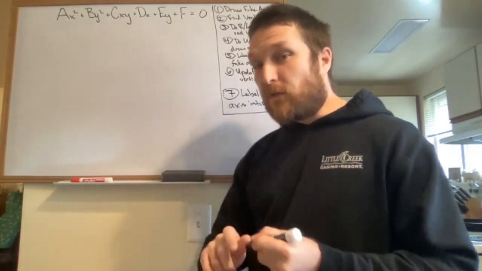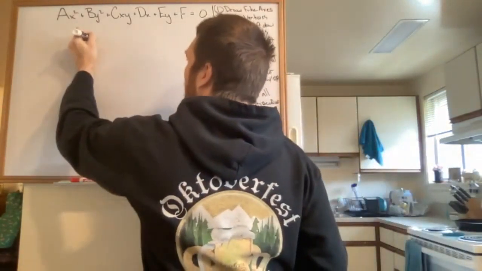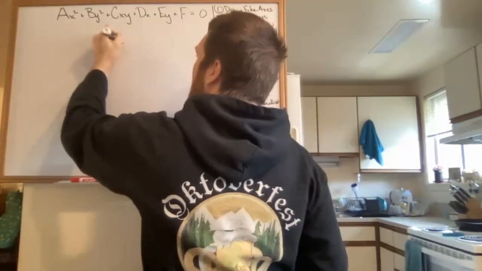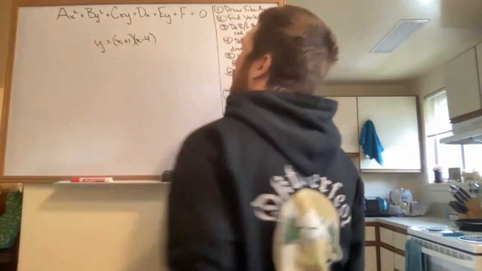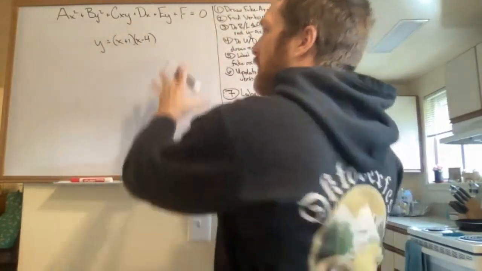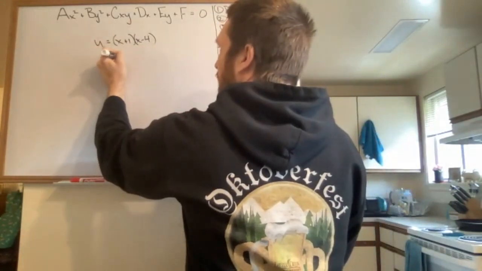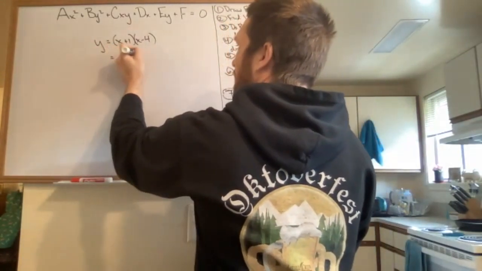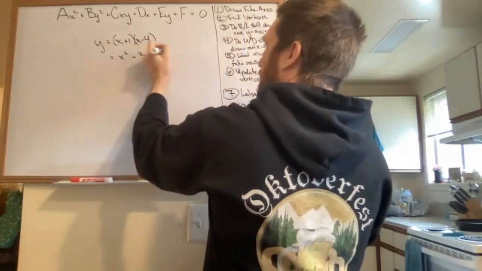If you tried to do that analytically, right? Like if you had the parabola y equals, let's say, (x plus 1)(x minus 4), and you wanted to figure it out just using these symbols right here. Actually, let's go ahead and multiply this out. x squared minus 3x minus 4.